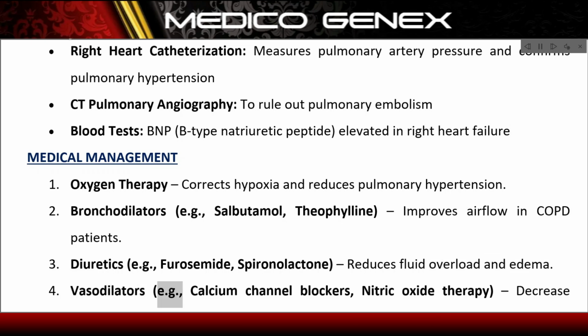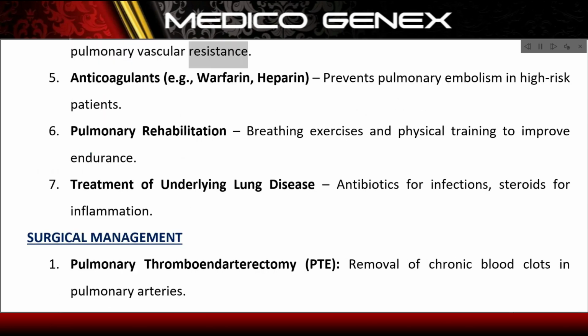Vasodilators, for example calcium channel blockers, nitric oxide therapy, decrease pulmonary vascular resistance. Anticoagulants, for example warfarin, heparin, prevent pulmonary embolism in high-risk patients. Pulmonary rehabilitation, breathing exercises and physical training to improve endurance. Treatment of underlying lung disease, antibiotics for infections, steroids for inflammation.